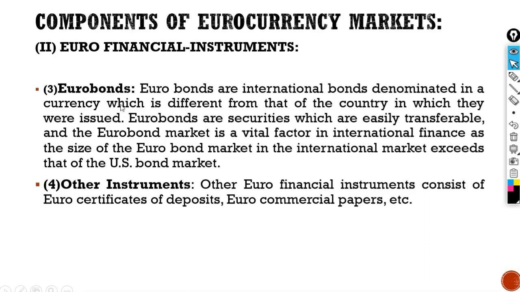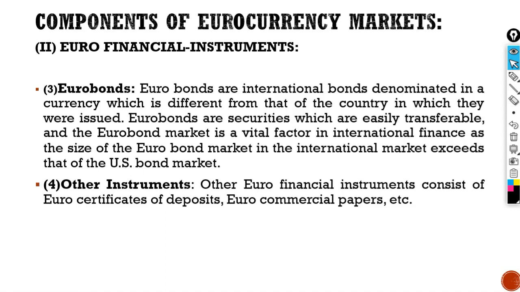Okay, the next financial instrument that we need to go through is the euro bonds. Eurobonds are international bonds denominated in a currency which is different from that of the country in which they were issued. Eurobonds are securities which are easily transferable, and the Eurobond market is a vital factor in international finance, as the size of the Eurobond market in the international market exceeds that of the US bond market.